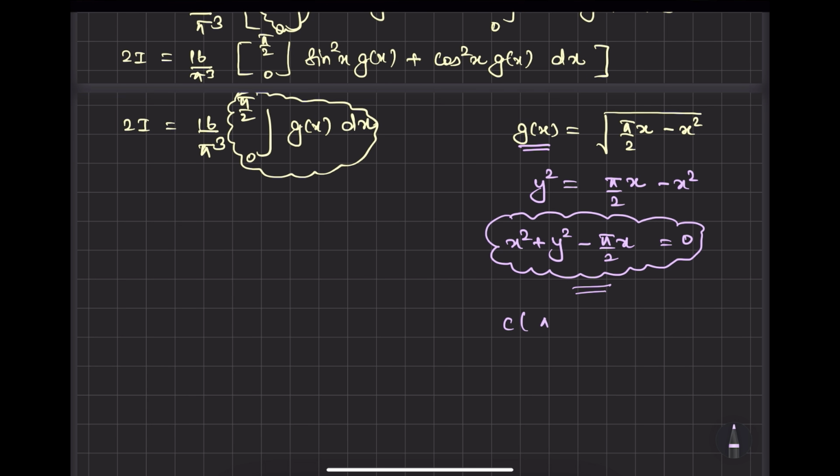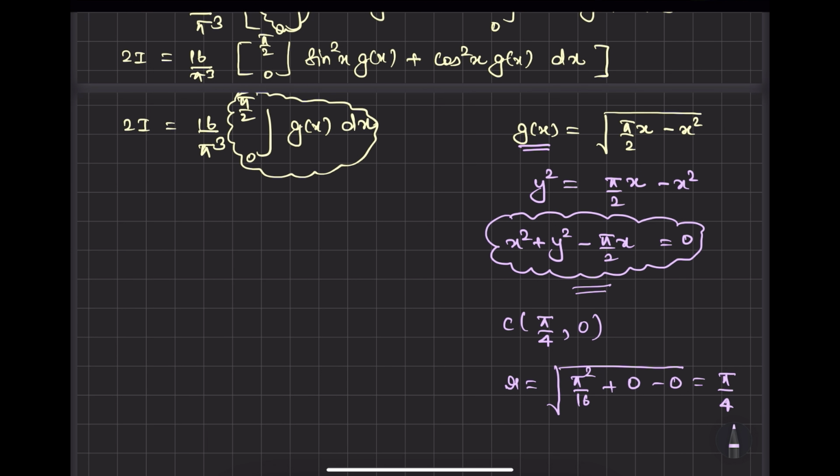So it will become pi by 4. Minus f is the coefficient of y divided by 2. So here we don't have y, so I will write 0. Now this is your center, and the radius is what? Radius is root of g square, pi square by 16, plus f square minus c. So radius is pi by 4.